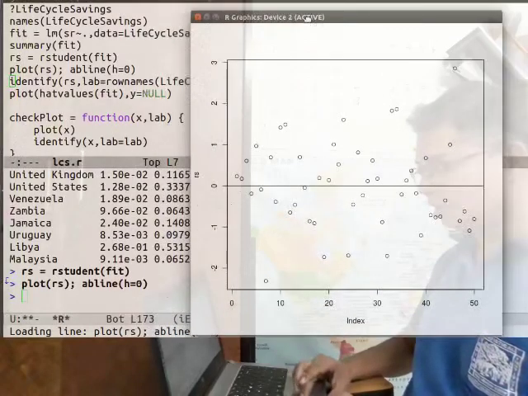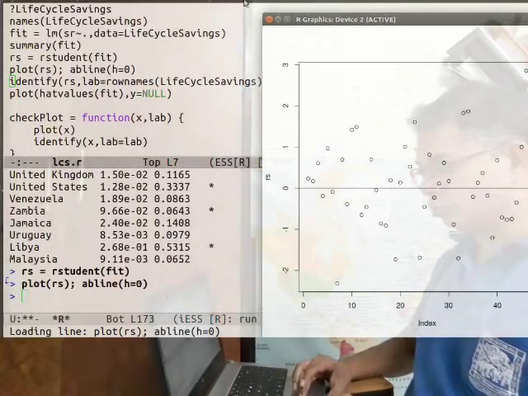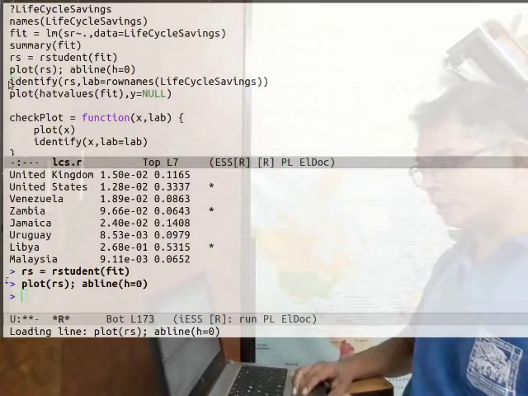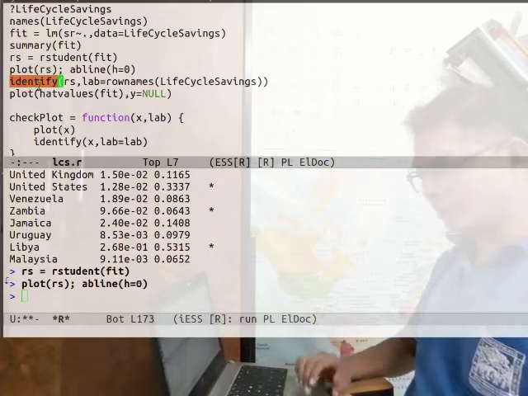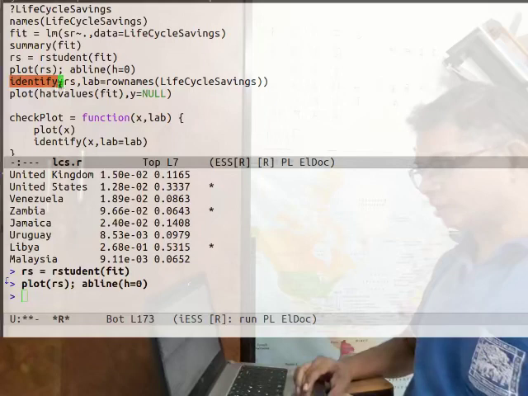There is a function in R which will enable you to do that. That is called identify. It is very much like the function locator, which we have already talked about, except that it will also label. So you write identify, then the value that you have plotted, then you also provide a label.